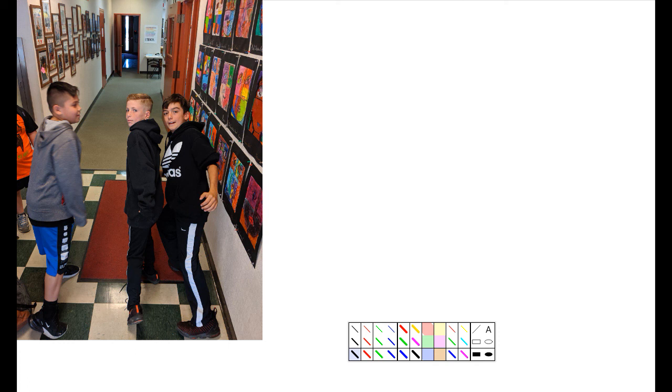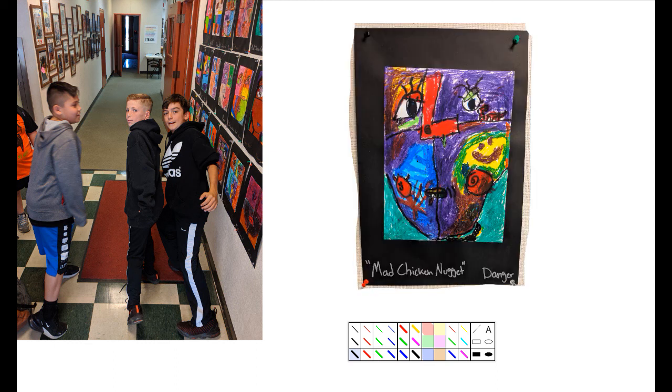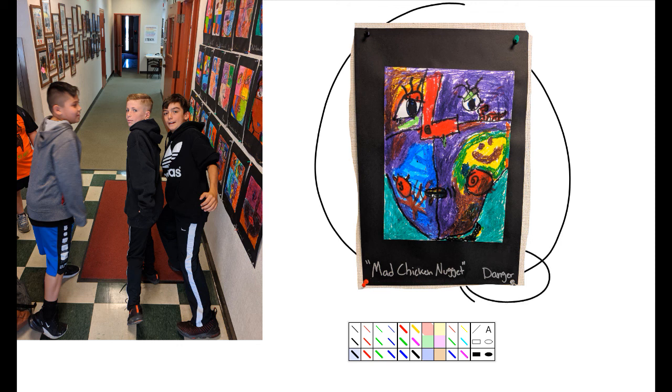And mad chicken nuggets are really, really dangerous. And if you don't believe me, look, I'm going to show you right here what a mad chicken nugget looks like. Here you go. Here is a mad chicken nugget. And look, it even says mad chicken nugget, and it says danger right there. Okay? So the three of them are being chased by a mad chicken nugget.